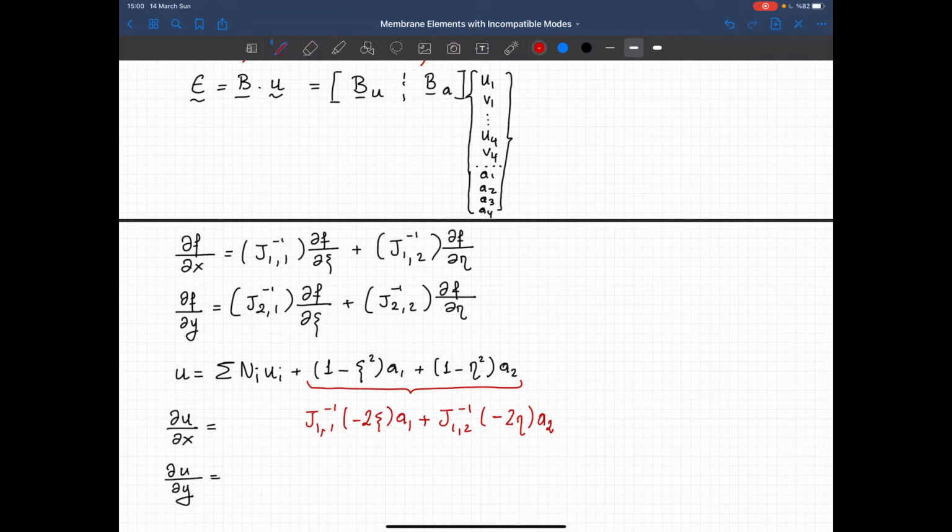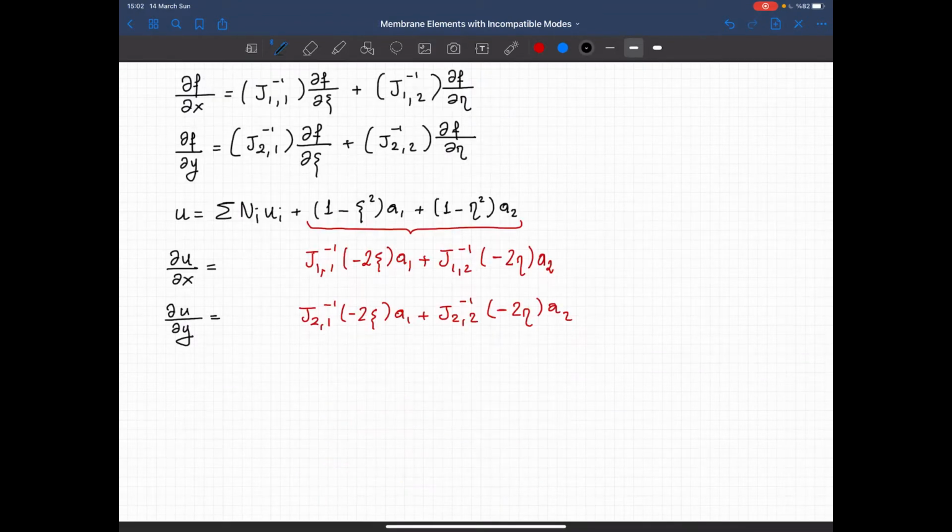That will be equal to J21 inverse minus 2 psi A1 plus J22 inverse minus 2 nu A2. We can do the same thing for the V, del V over del X and del V over del Y.